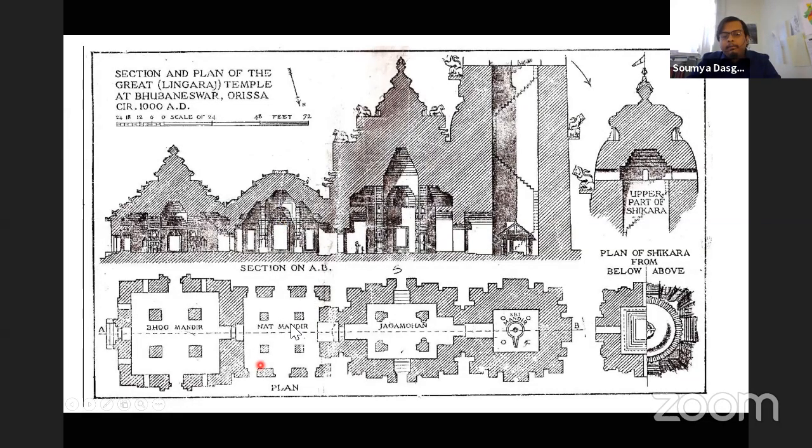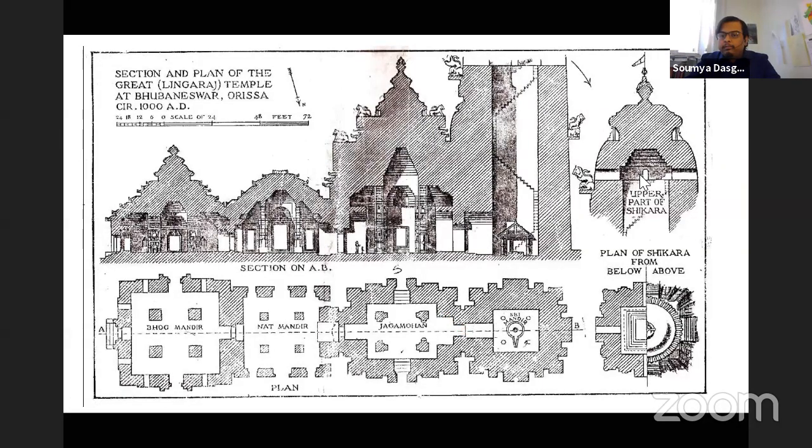Nath mandapa, Nath basically means dance, so it's like a dance mandir, and bhog is basically eating. So you are having the prasadas or the food from the god, and this is the Jagmohan, which is another space, the main mandapa space in front of the Sri Mandir, which is the sanctum sanctorum.